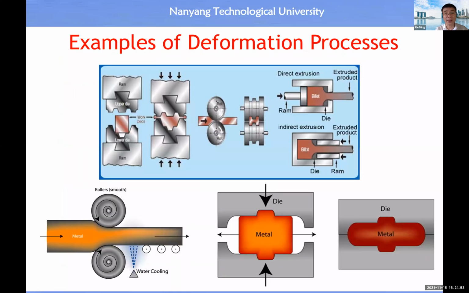All right, and here I give you an example of the deformation process. You have this forging process and rolling process. You use a tool roller to change the geometry of input material, then produce output material of a different geometry. We may also have this extrusion process. So you have an input material, you have an output material.